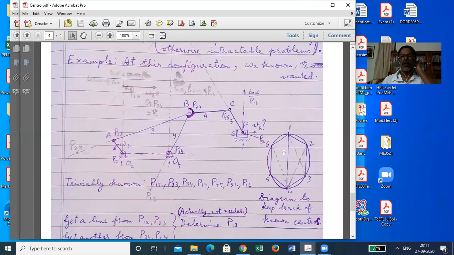What else? See, in this 1 2 3 4, you know 12, you know 23, you know 34, you know 14. The way you could determine 13 by considering this arm 1 2 3 and arm 1 4 3 between 1 and 3. Like that, you can determine 24, considering arm 2 1 4 and arm 2 3 4.